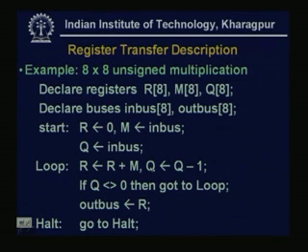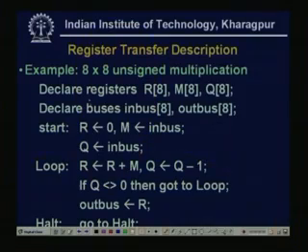Now, what will be the register transfer description when we use the bus and the registers together? We take one example, an 8 by 8 unsigned multiplication. We declare registers R8, M8, Q8.